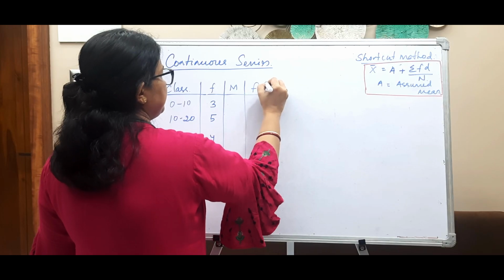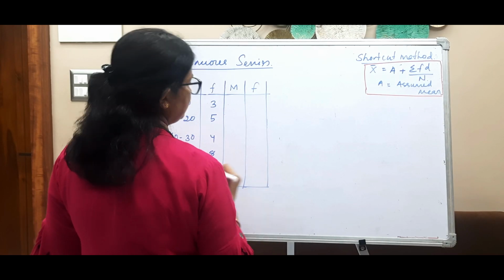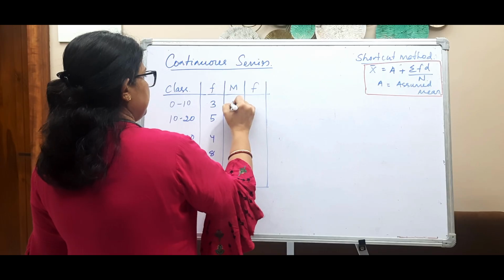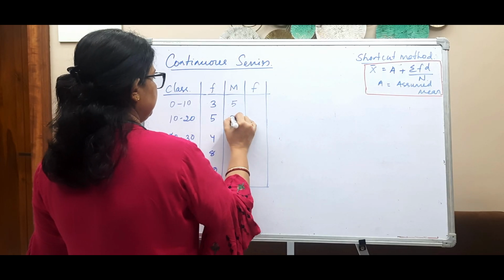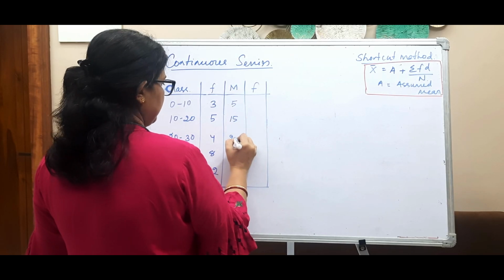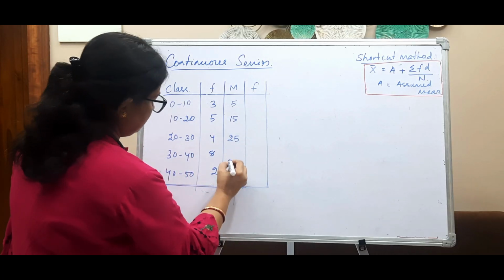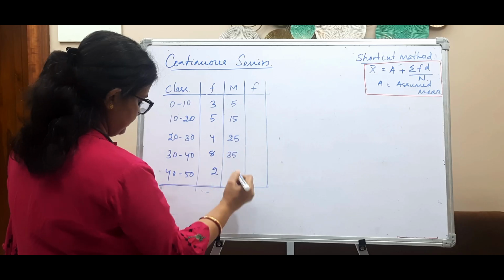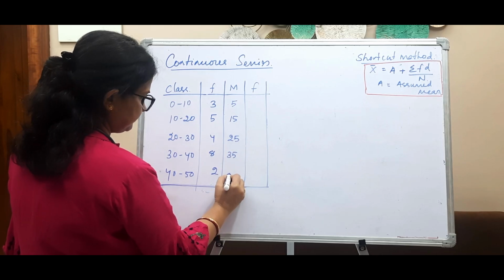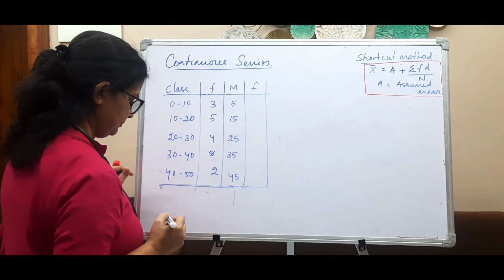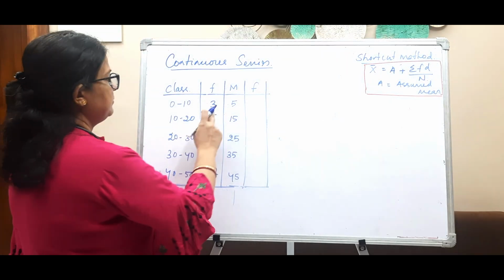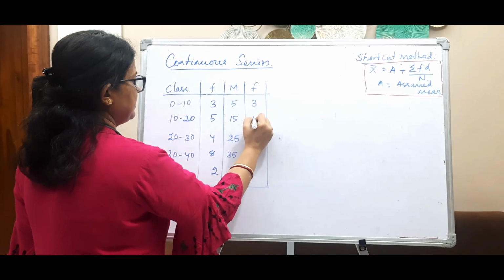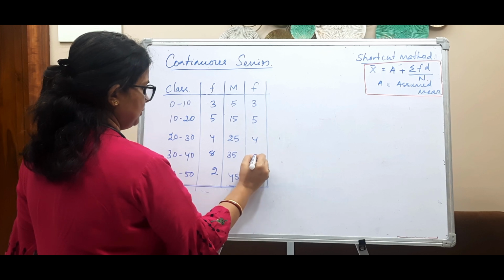Then we write the frequency here. M is 5, 15, 25, 35, 45, and the frequency is 3, 5, 4, 8, 2.